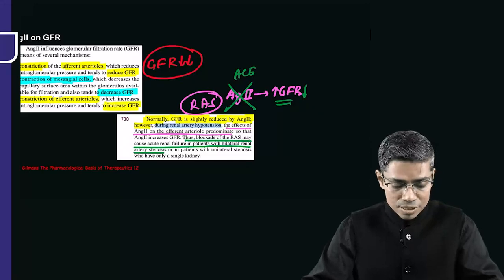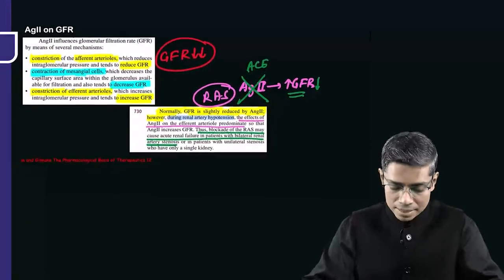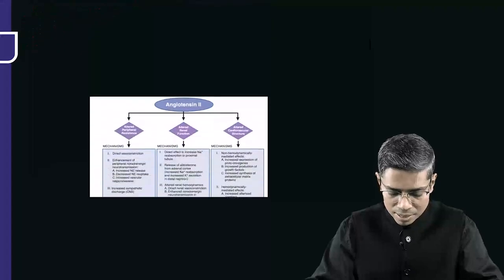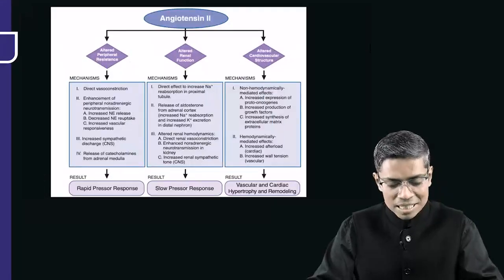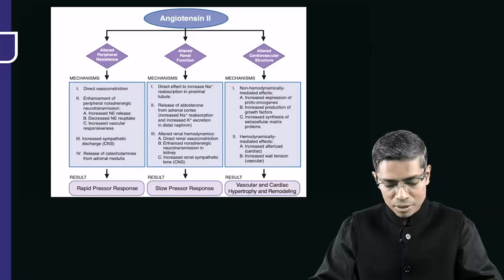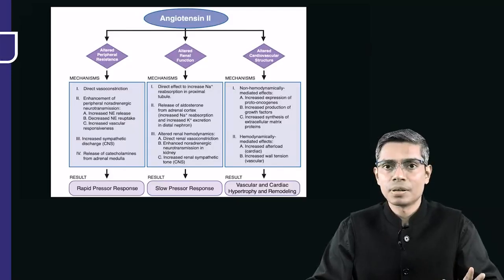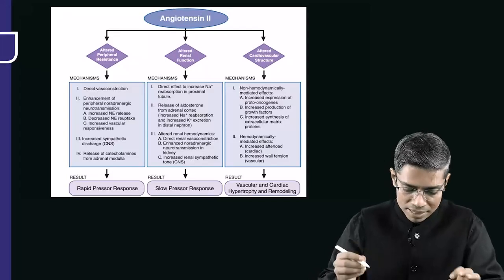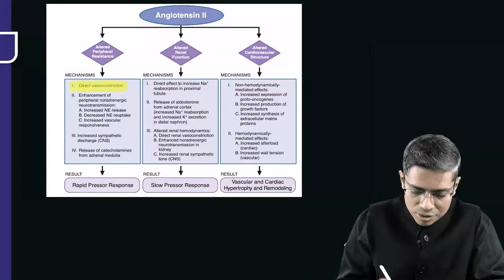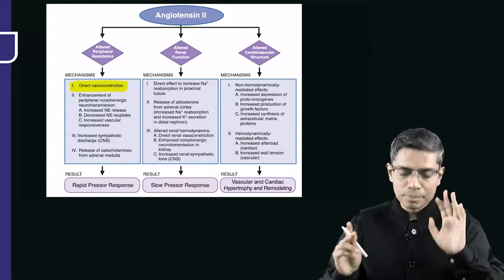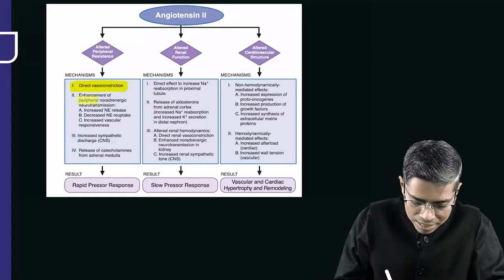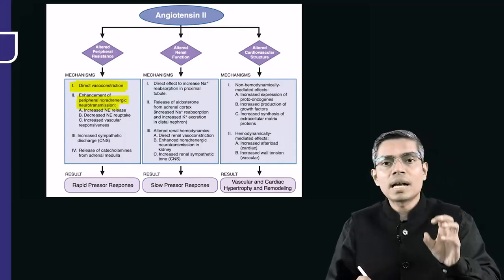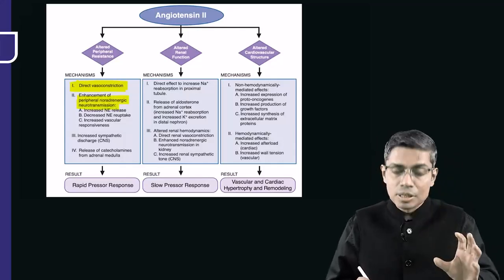Angiotensin II has many effects, and if you look at Goodman-Gilman in a little more detail, you will find many effects of angiotensin II. We know the common effect, direct vasoconstriction, but apart from that it enhances noradrenergic neurotransmission.